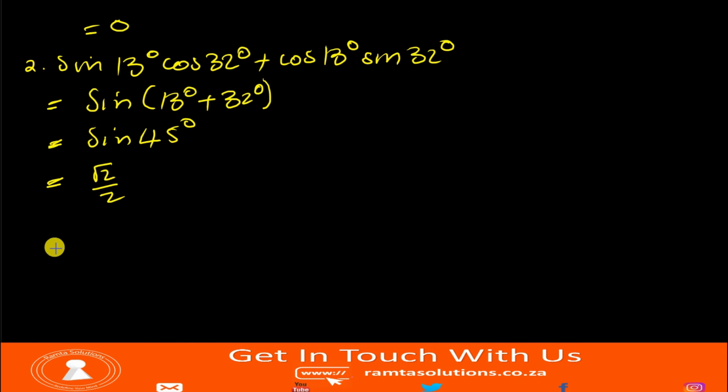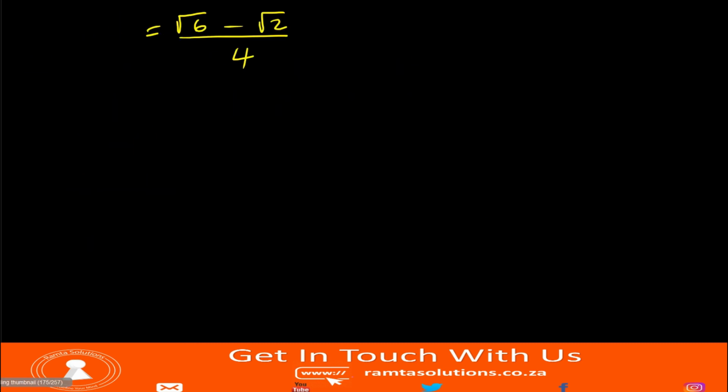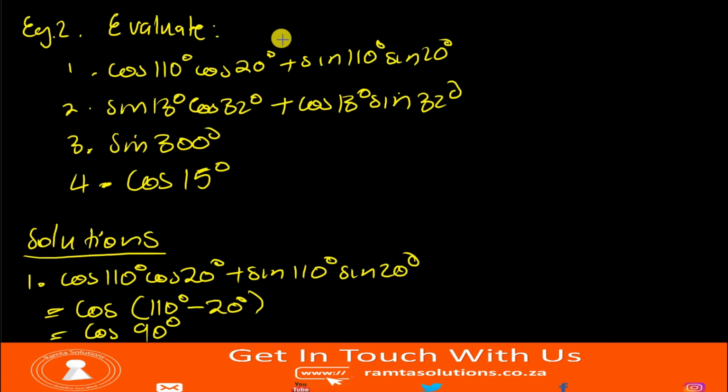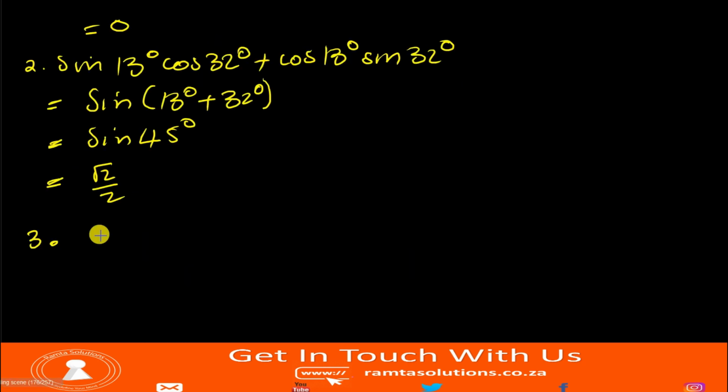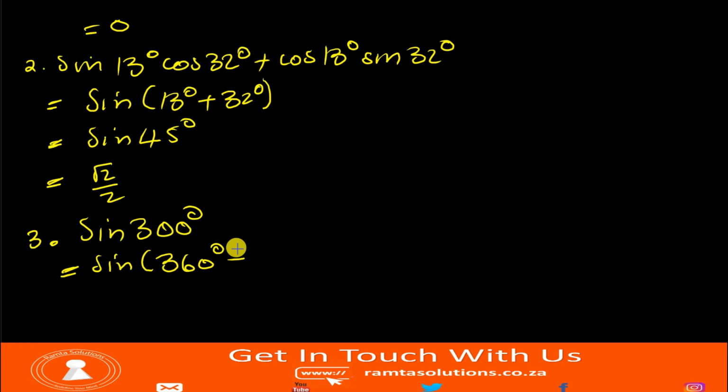Perfect. Now, number 3. What was number 3? Let me confirm here. Sine 300. Okay, it was sine 300. Now, sine 300, we now use a reduction formula. 300 is in the 360 minus quadrant.